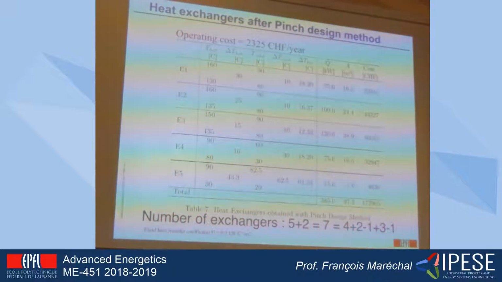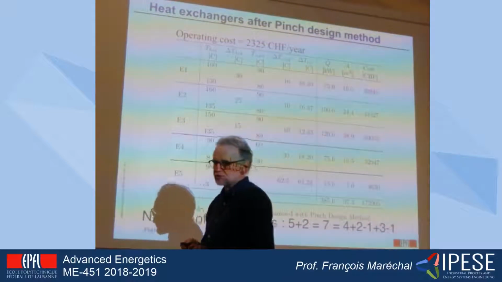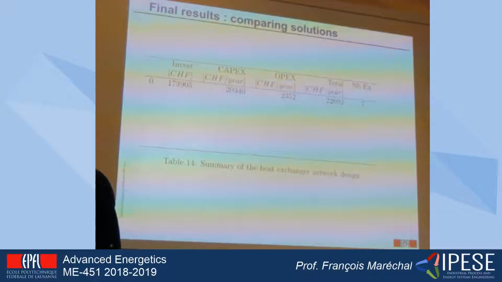So normally I should have found 5 plus 2 heat exchangers, and if I'm making the total, I have exactly 7 heat exchangers, which allows me to say that, okay, I have at least a reference solution which has 7 heat exchangers, and that has a total cost of 22 Swiss francs per year.